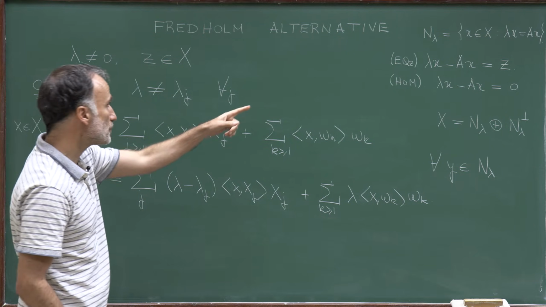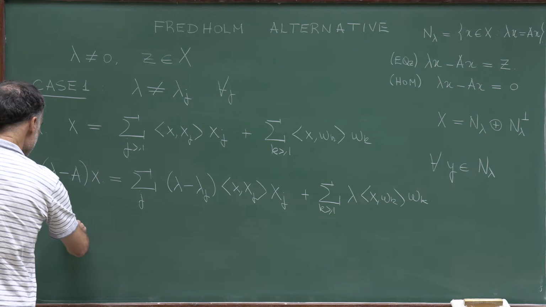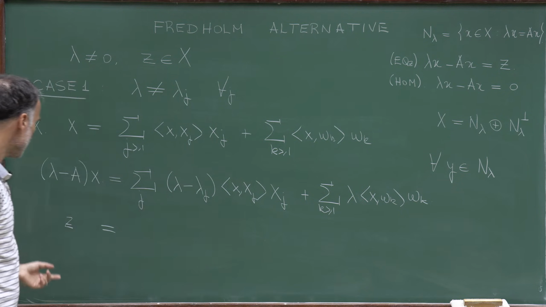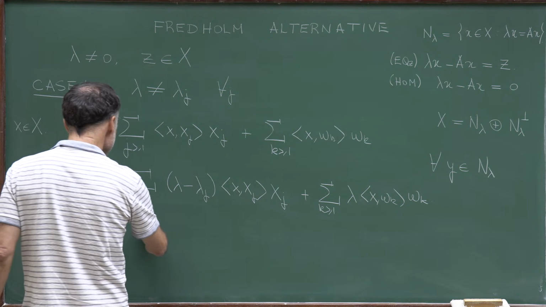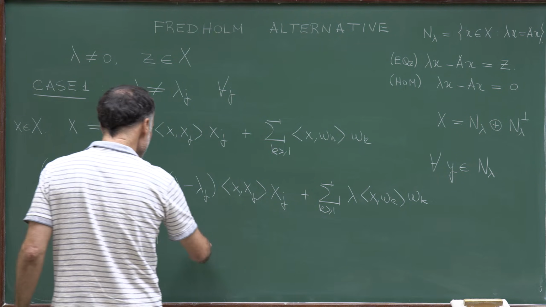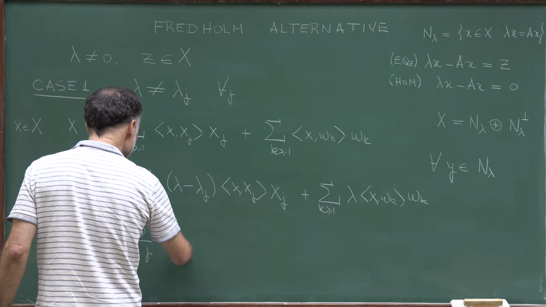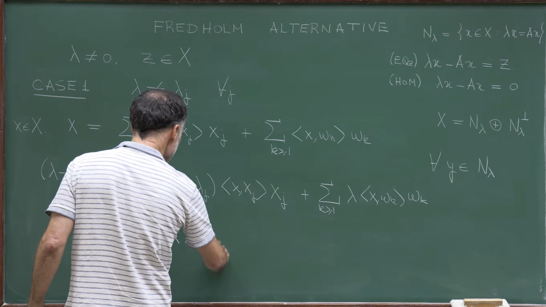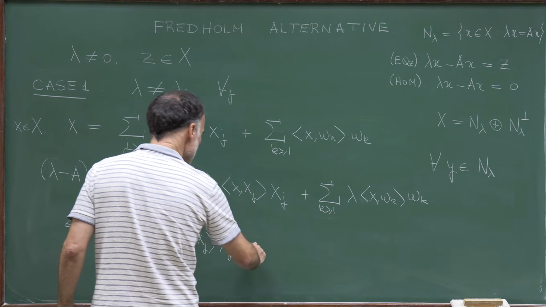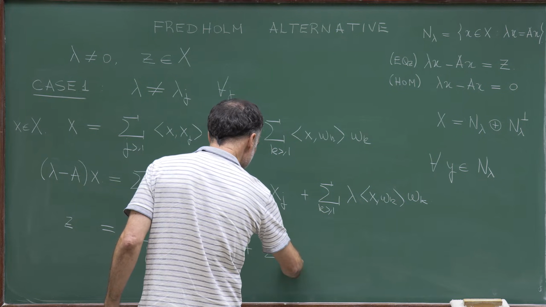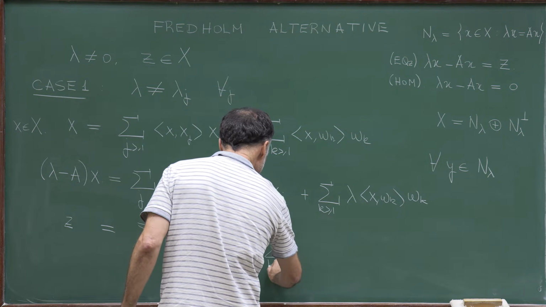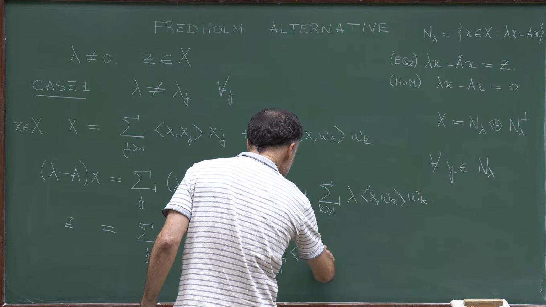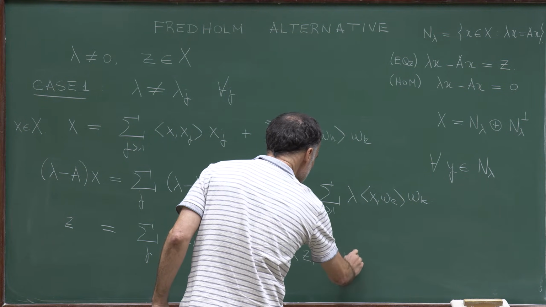Now I want this to be equal to z. So I can also write z on the basis xj, wk, and by doing that, this is equal to the sum over j of (z, xj) xj plus the sum over k of (z, wk) wk.